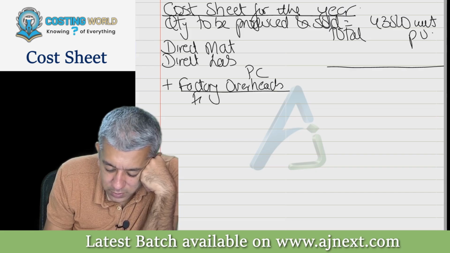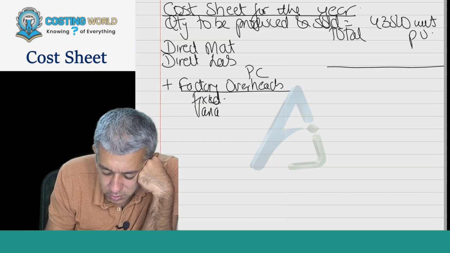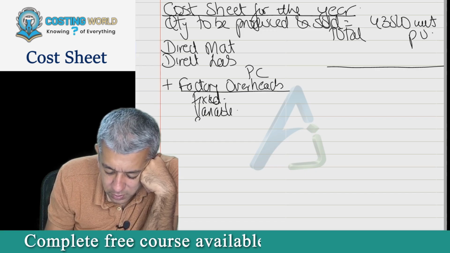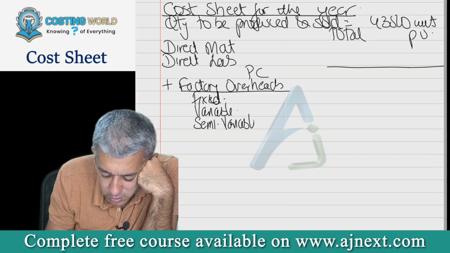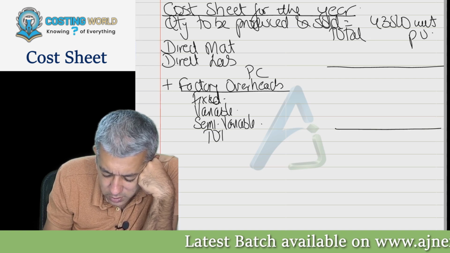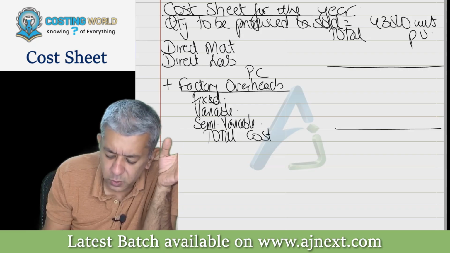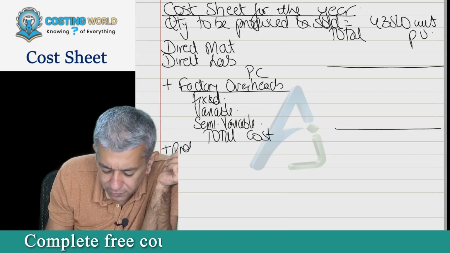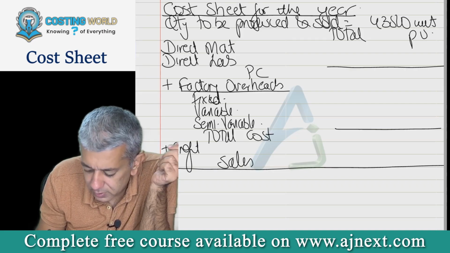Now, there were supposed to be 3 expenses over there: fixed, variable, and semi-variable. Now this I'm simply calling total cost. There is nothing else in this entire question, in fact. Add profit, to get sales.